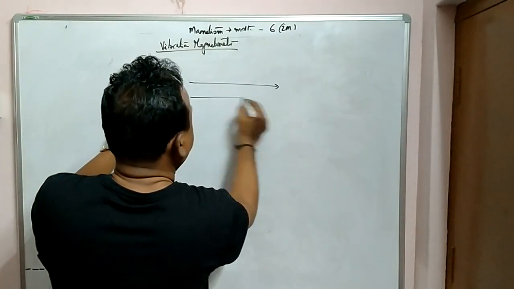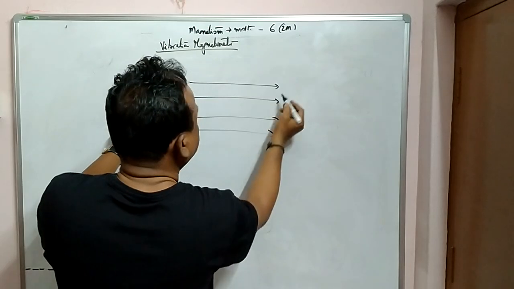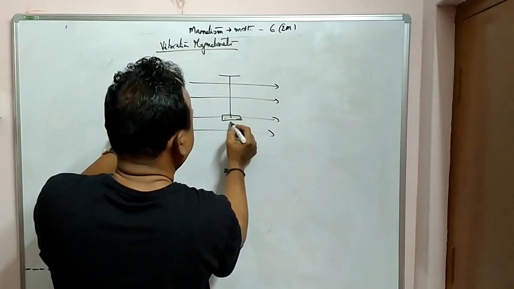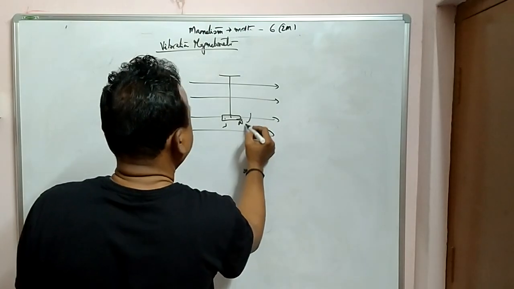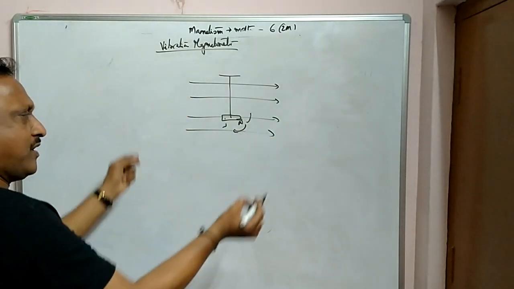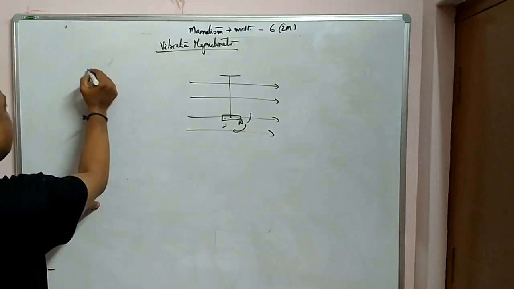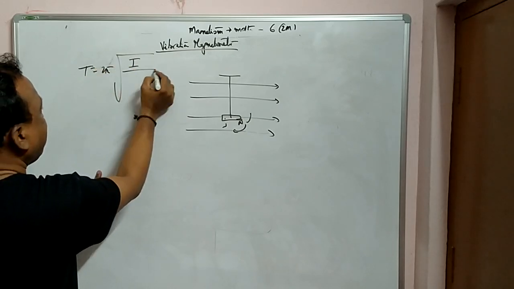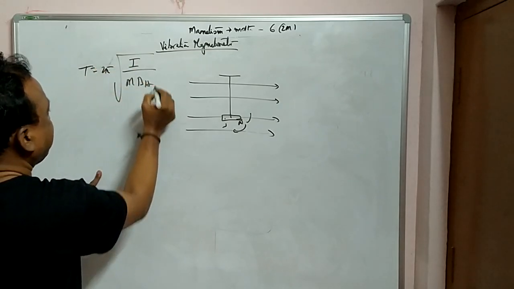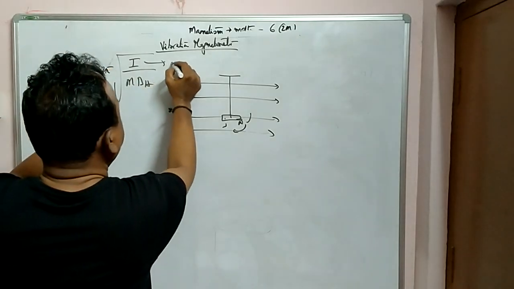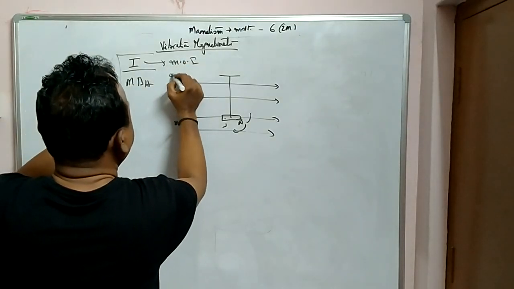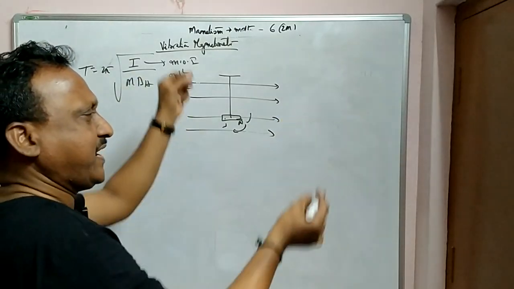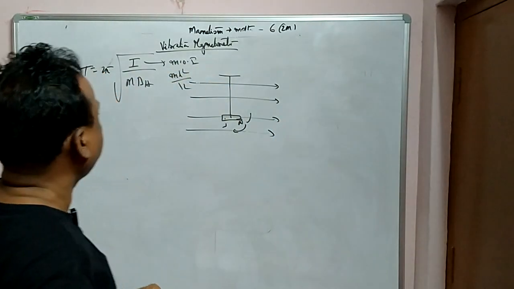Due to the magnetic torque, it will make small simple harmonic motion. From that you can calculate the time period as 2 pi root of I by MBH, where I is the moment of inertia of the magnet, which is ml square by 12 about the axis, because it is making simple harmonic motion in the field.